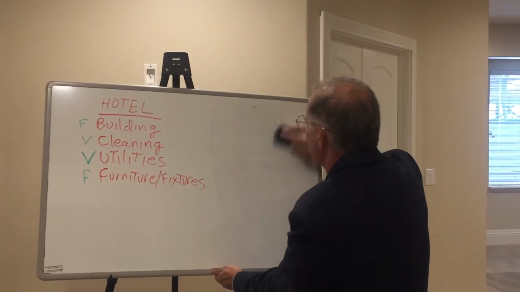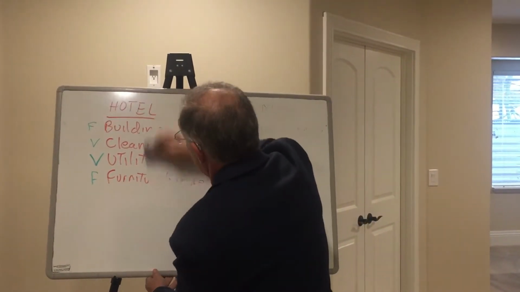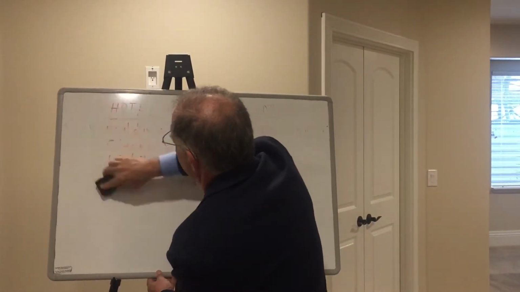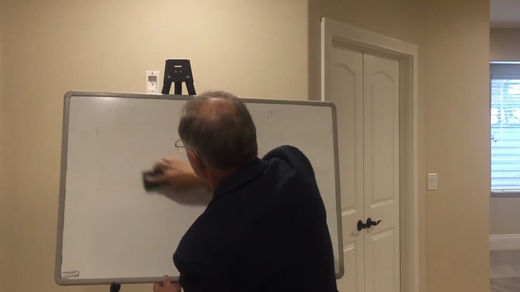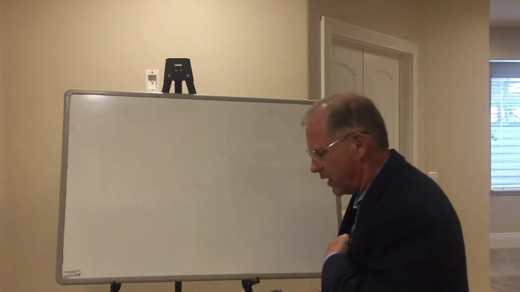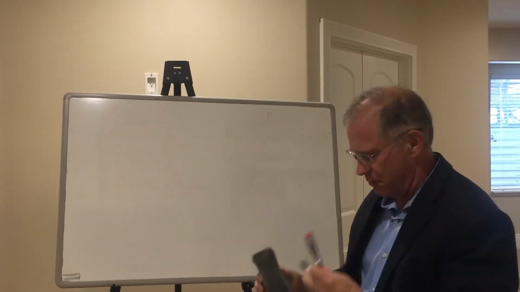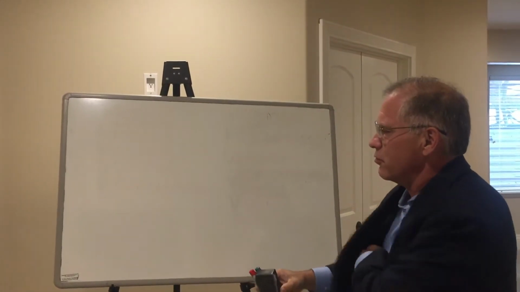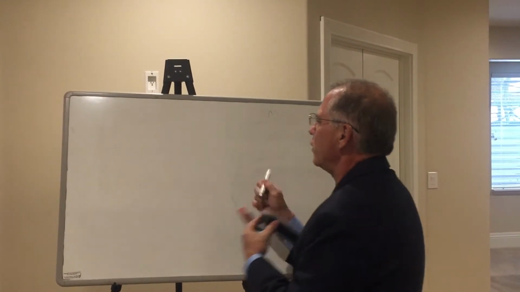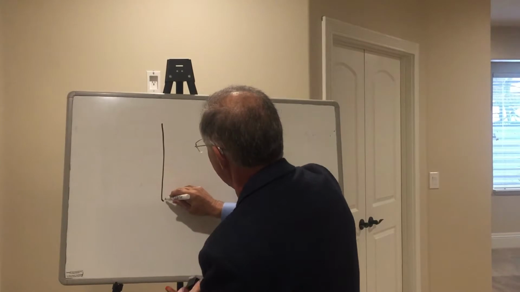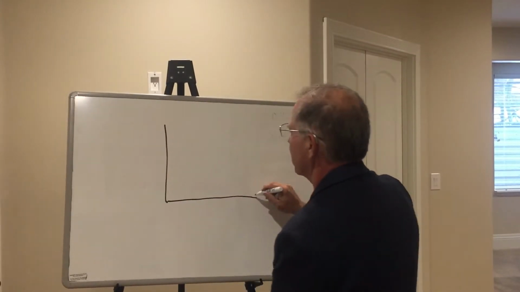Now I want to show you a graph that you'll see in the book a lot of times. I want to make sure I explain it properly to you. We look at cost in this section on a graph that looks like this.